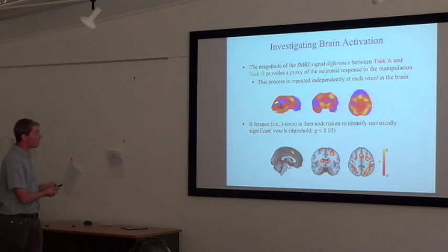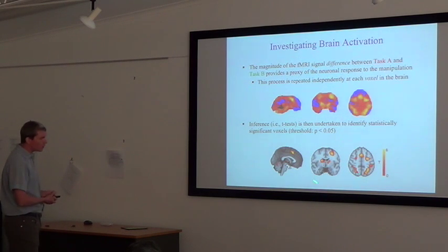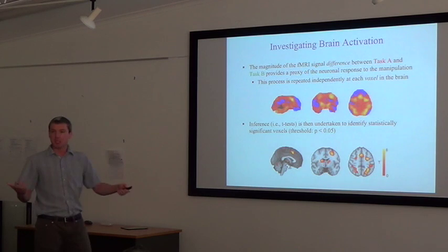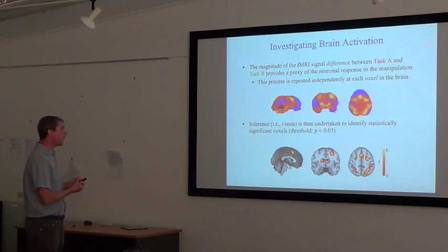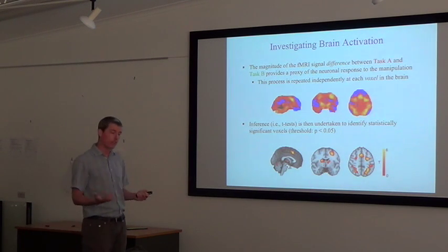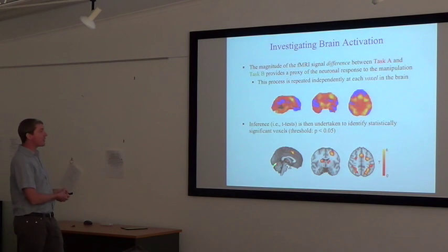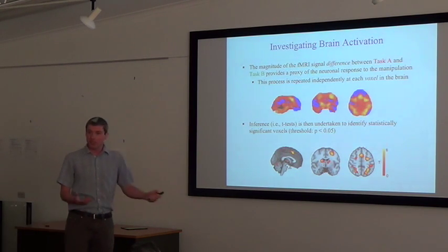So we start with all voxels in the brain, or we can have a region of interest, if you will. And then we threshold it, so this is estimation, and then we undertake statistical inference to get our p less than 0.05. And we find these regions that we would call statistically significantly activated in a particular task or within that subtraction. And these are blob maps. These are the nice pictures that the media loves.